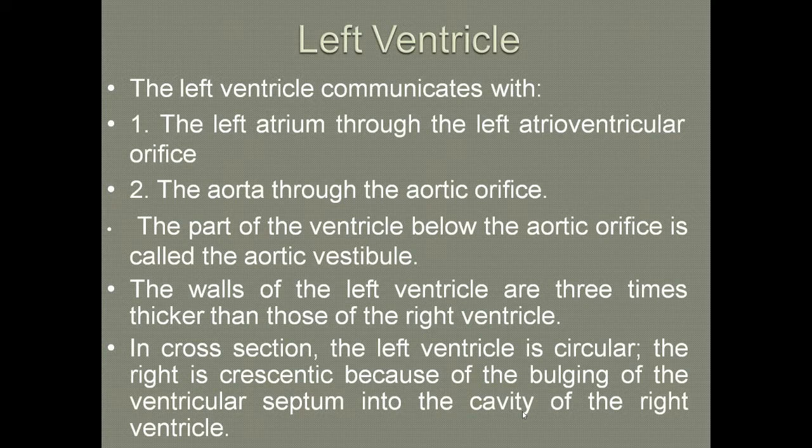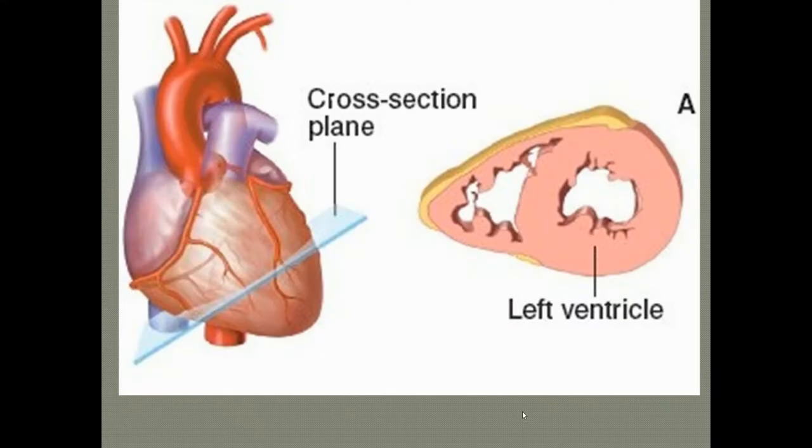And there are communications from the left atrium through the left atrioventricular orifice and to the aorta through the aortic orifice. So in cross section we can see the left ventricle and right ventricle chambers. The left ventricle is circular and the right ventricle is crescentic.